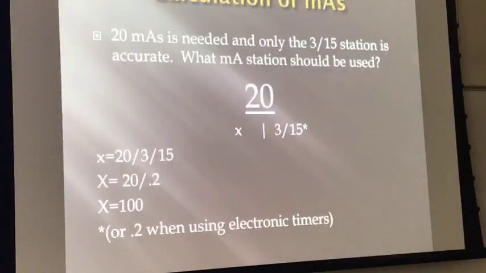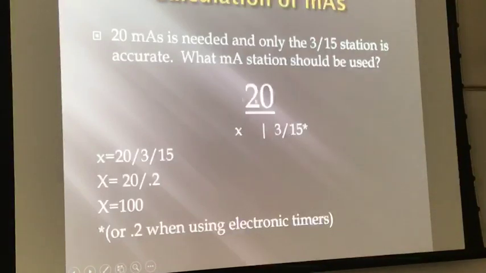So, we're not going to spend a tremendous amount of time on calculation of mass, but sometimes what you'll run into is questions on what would probably be single-phase timers. So they read out fractions, right? What I find the easiest thing to do to work out mass problems, when we have a fractional time, is to convert that to a decimal.